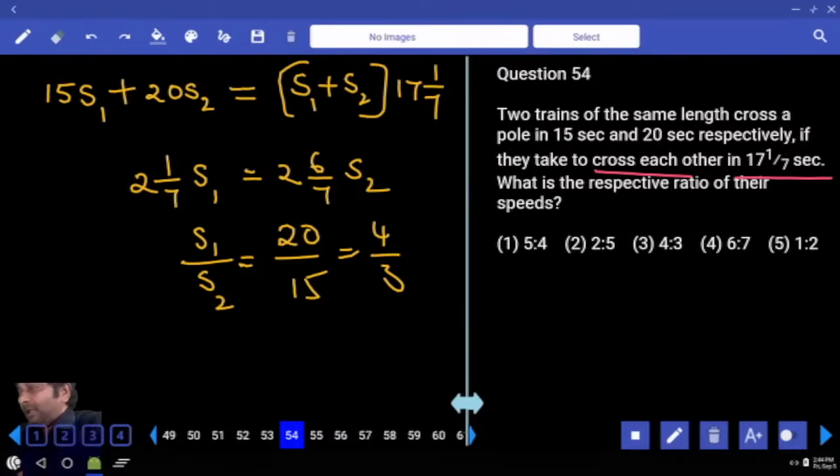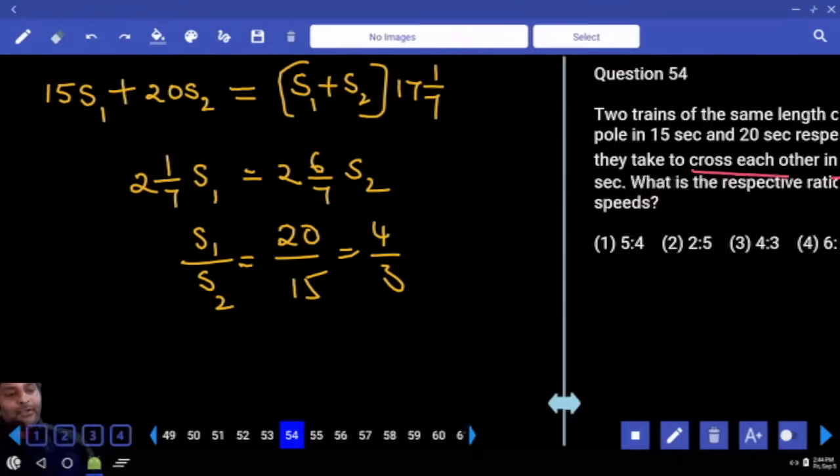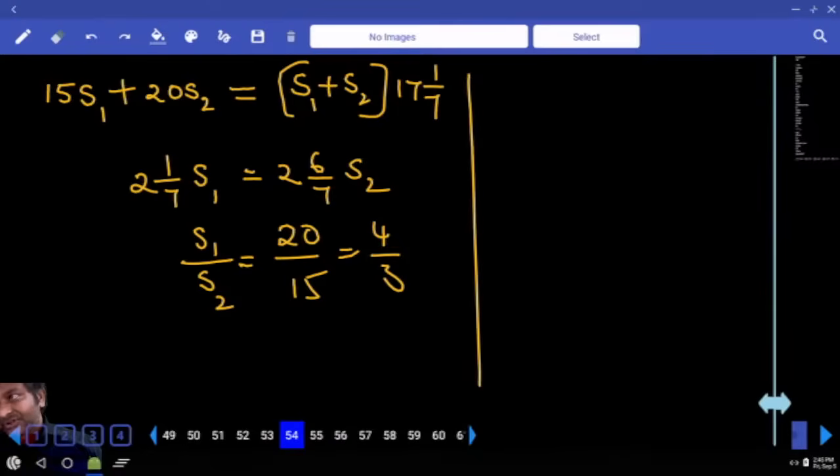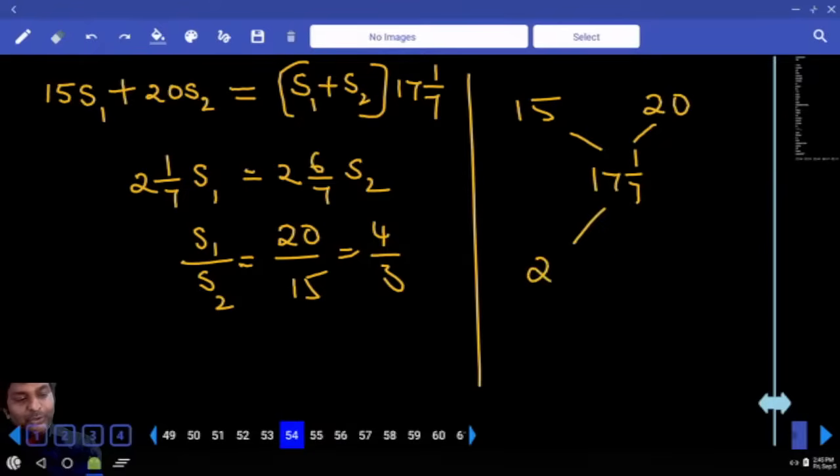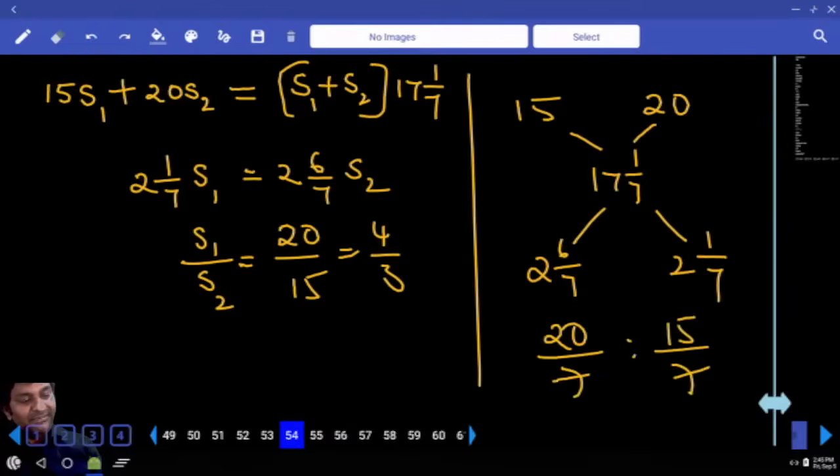Actually you can use alligation. 15, 20, 17 1/7, 2 6/7, 2 1/7, 20/7, 15/7, 4:3.